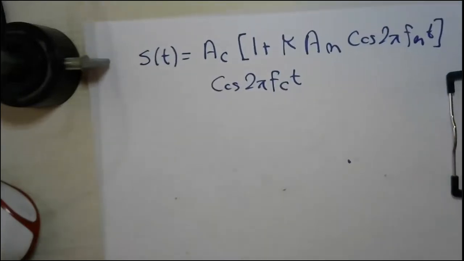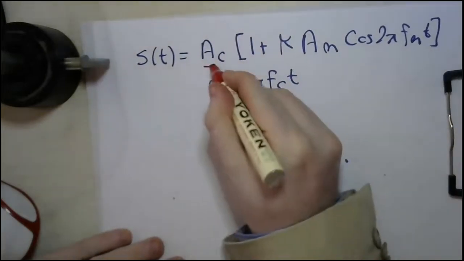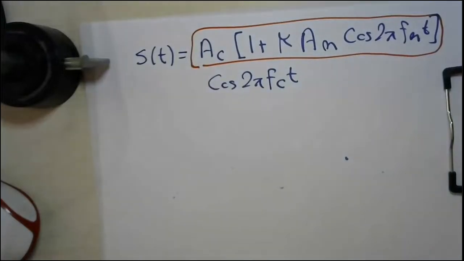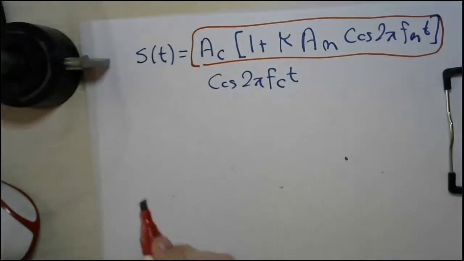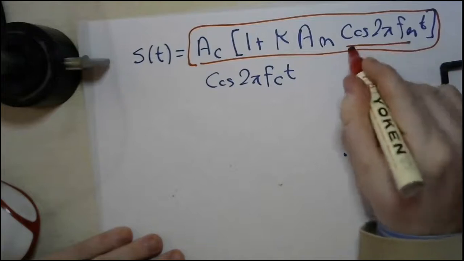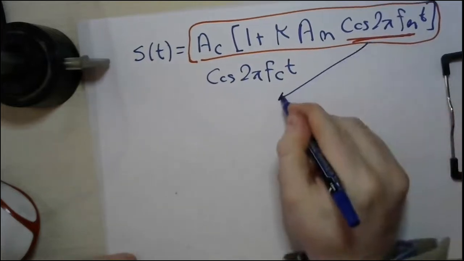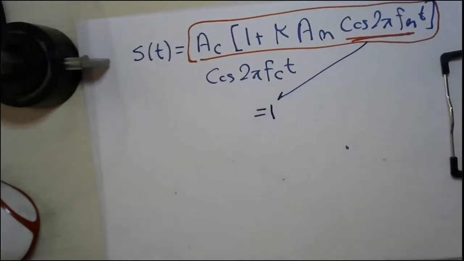Okay, let's return back. As we are seeking to recognize the amplitude, the amplitude of this carrier is this equation. The main variable of this equation is this cosine function. This cosine function has two conditions. If the cosine function is equal to 1, this is the maximum.